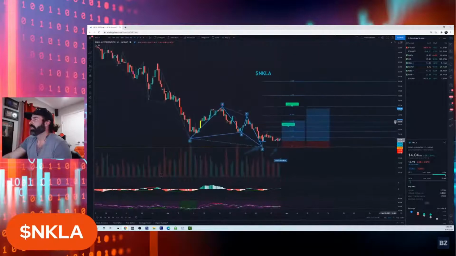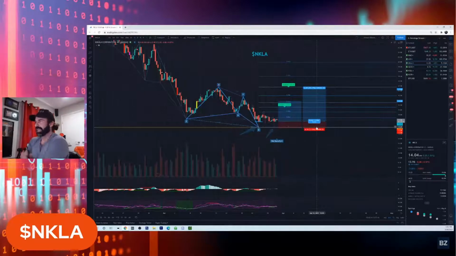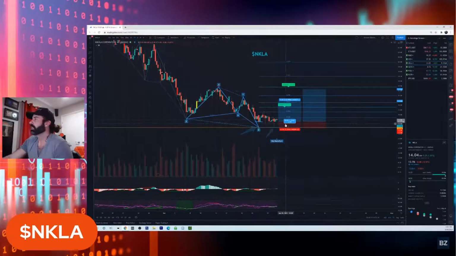But I'm not looking for home runs with swing trading. I'm looking for something that I can rely on. I would rather take 15%. We're risking 5% on this trade. And then you got 24%. That's 5-1. With swing trading, I like to stick with 3-1. It gives me 3 times the reward to 1-time risk.